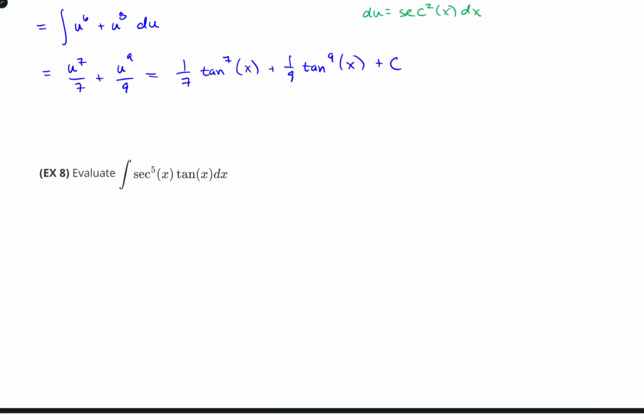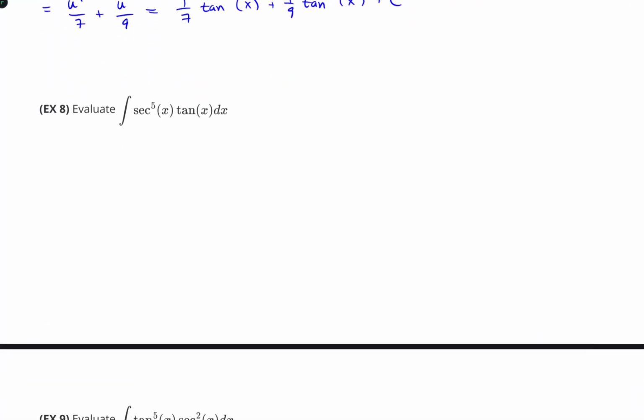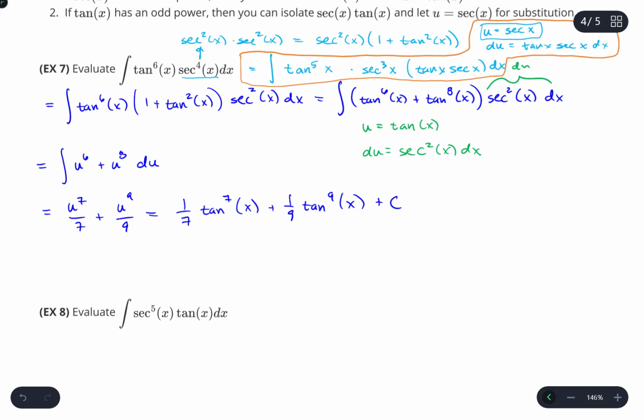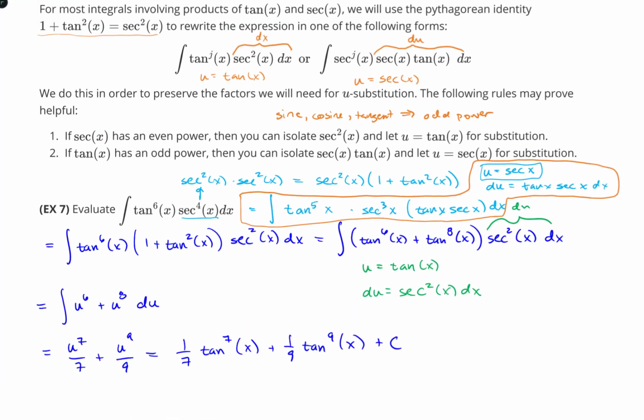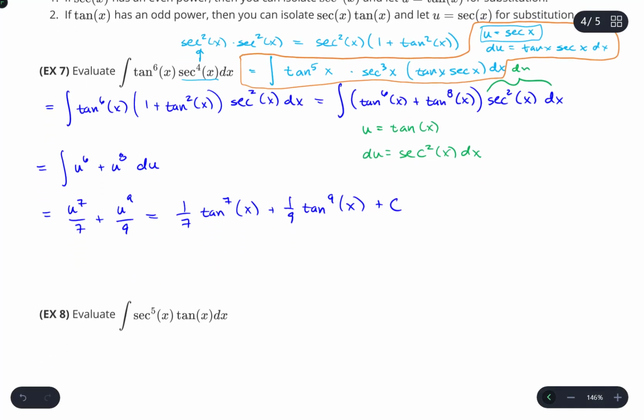Okay, let's go to the next example here. I have secant to the fifth x times tangent x. And what I'm looking for are either odd powers of tangent or even powers of secant. So I have that odd power of tangent here. And because of that, ultimately, what I'm going to attempt to do, so tangent has an odd power, I'm going to isolate secant tangent and let u equal secant for my substitution.